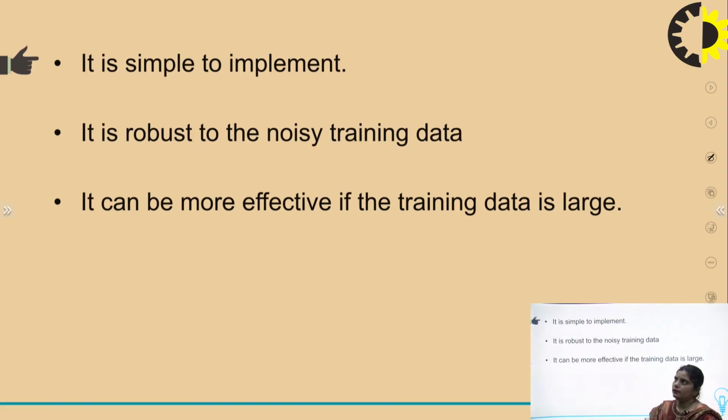Now, what are the advantages of the KNN algorithm? On the very basic level, this particular algorithm is very simple to implement and it is very robust to noisy training data. It can perform well for noisy training data sets, and it can also be more effective if the training data set is large.